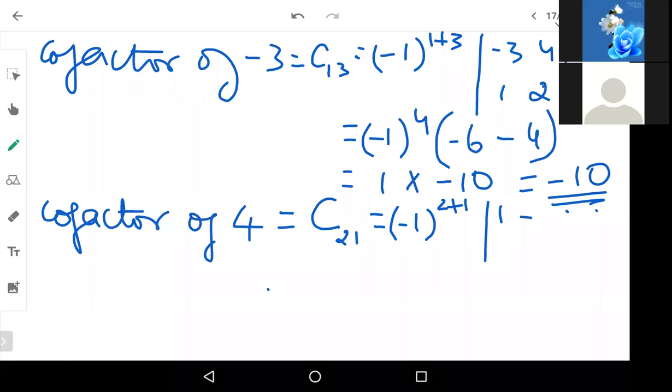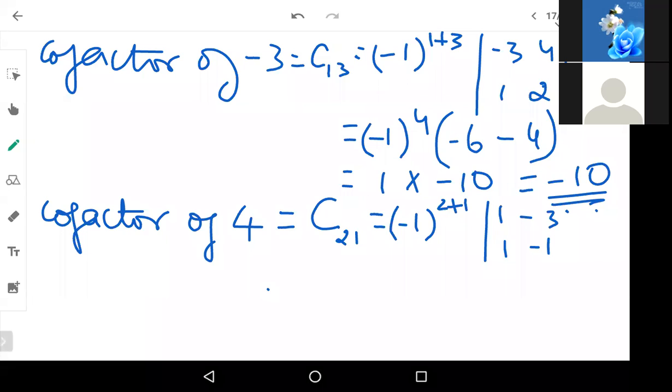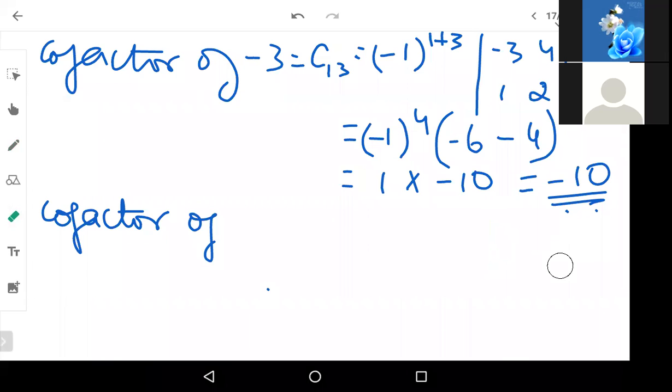So that will be 1 minus 3 and then 1 minus 1. Gauri, check the cofactor properly. Oh wait, which minus 3? I have to again solve for minus 3, right? Yeah, I think I missed that. Okay. We'll solve for minus 3 and then come for 4. My bad.